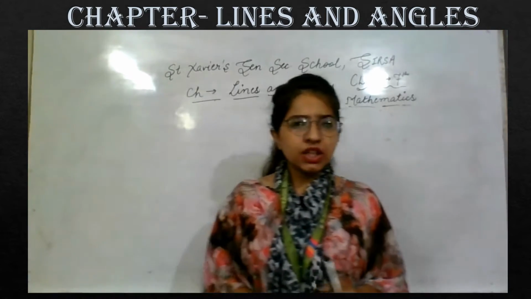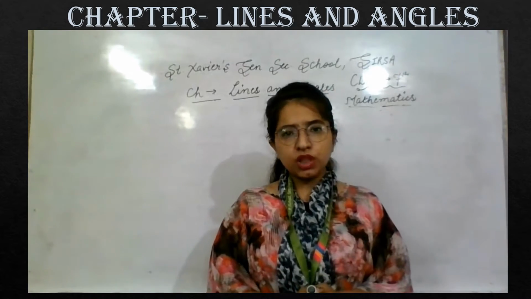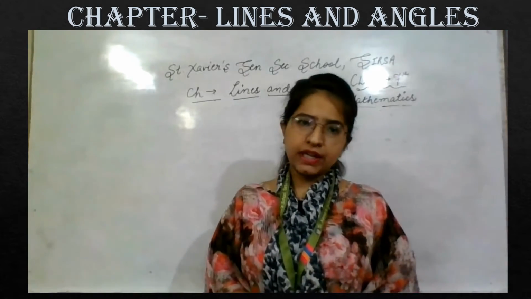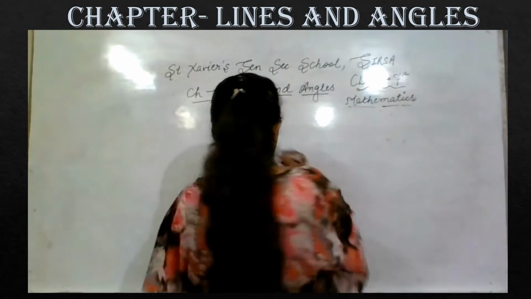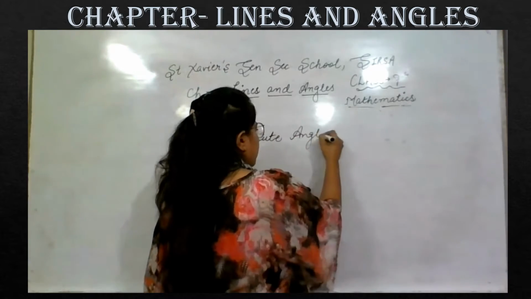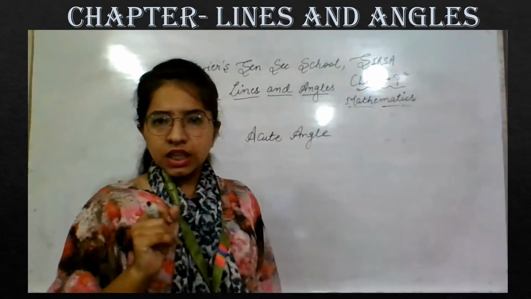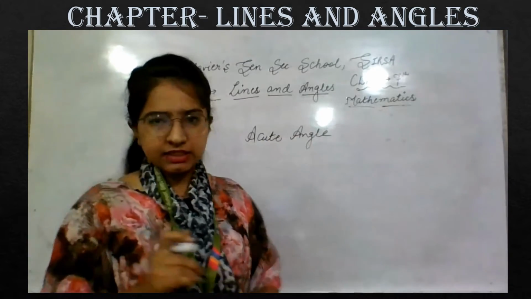Before starting question number 5, I would like to explain to you the concepts of acute, obtuse and right angle. First of all, listen to me carefully. Acute angle: what are acute angles? Acute angles are those angles which are less than 90 degree.